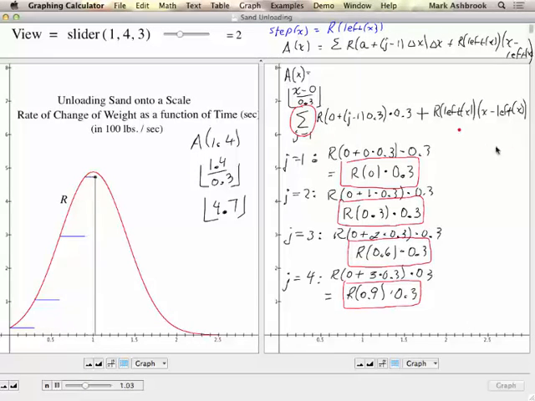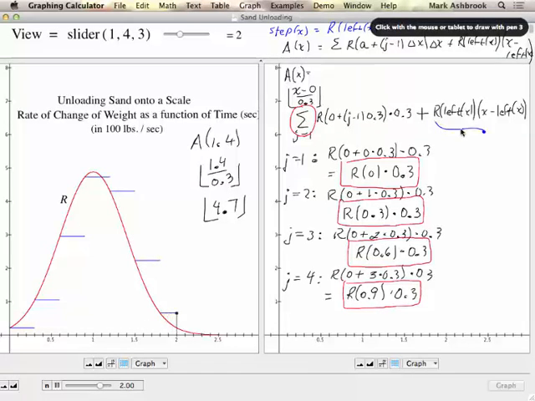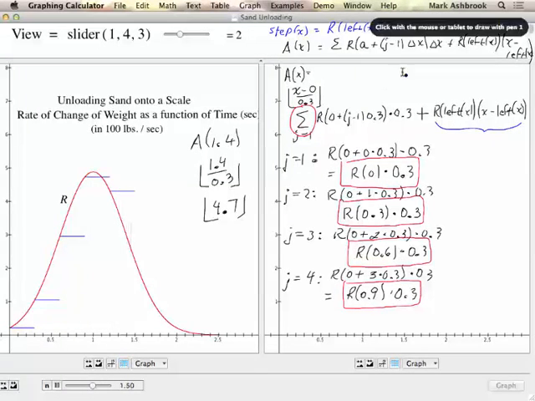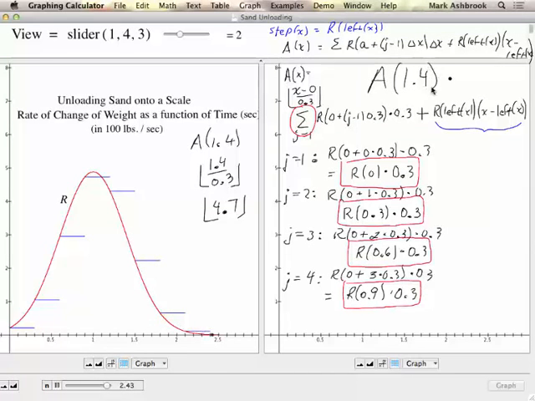All right, now there's the last thing. Here we go. We made it. Now I'll do it in blue. This whole thing is to calculate a of 1.4. That's what I'm doing down here. So for a of 1.4, there are four whole intervals.